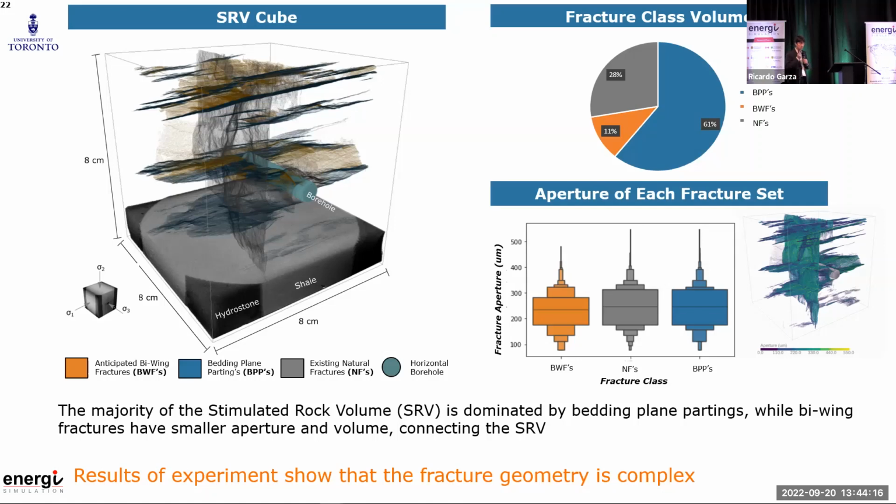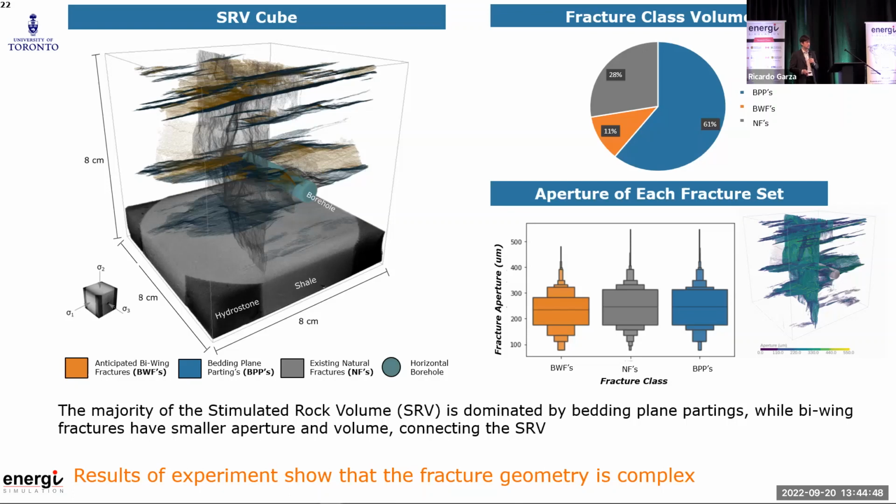So what we notice is that we could really look at what is the percentage of this stimulated rock volume and assign those percentages to these three classes. What we notice is actually basically 90% of our stimulated rock volume is not really hydraulic fracture, but are bedding planes and natural fractures, where bedding planes take about 60% of the total volume.